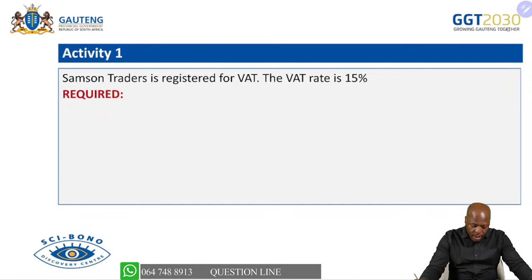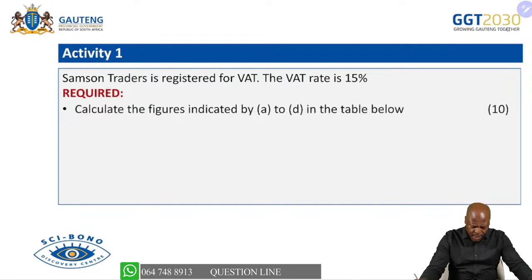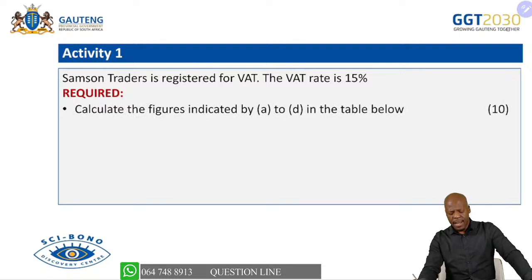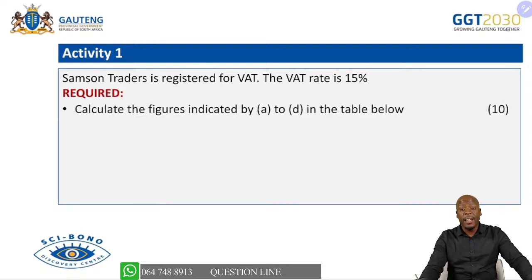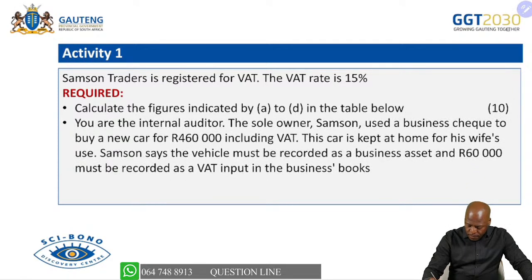And then this is what we are required to do. It says, calculate the figures indicated A to D in the table below, and 10 marks there. Then there's a theory question which says, you are the internal auditor, the sole owner Samsung used business money to buy a new vehicle.